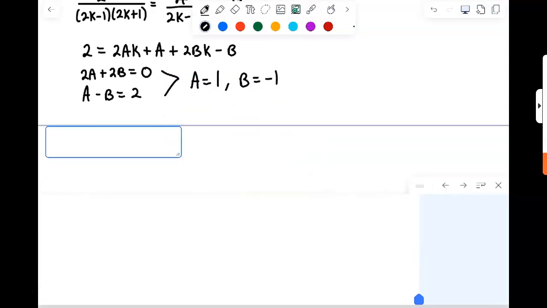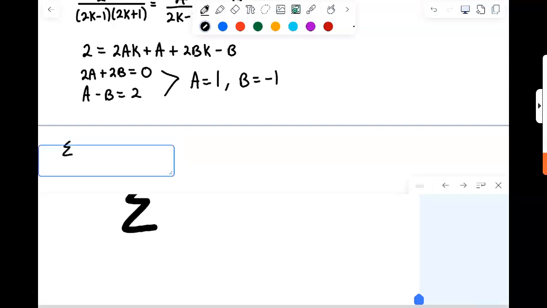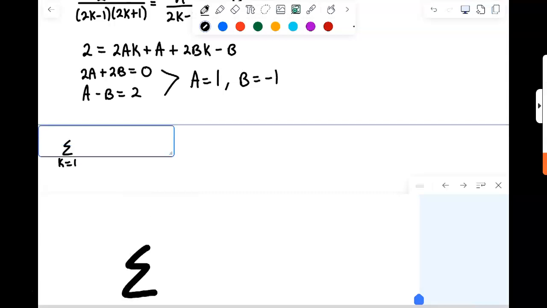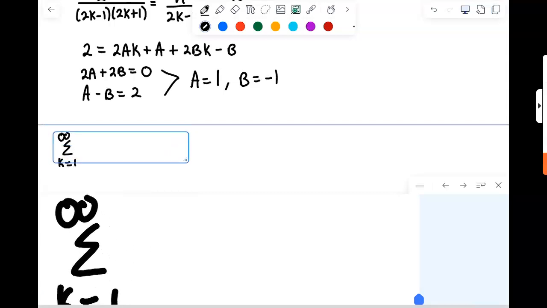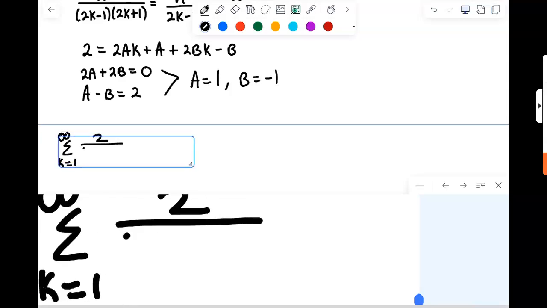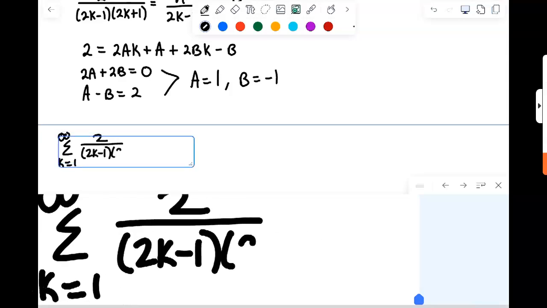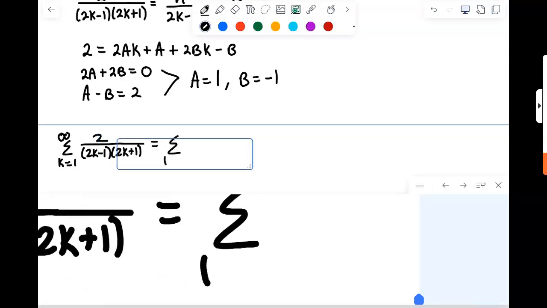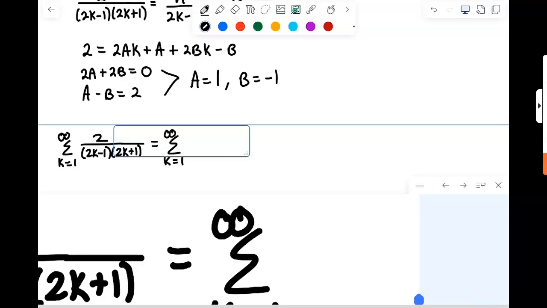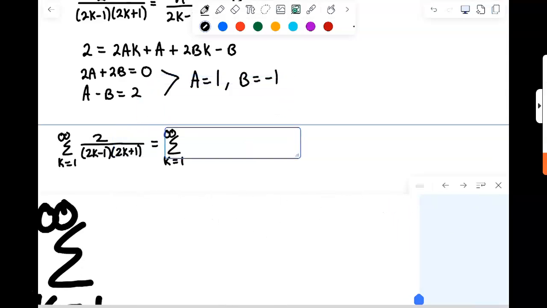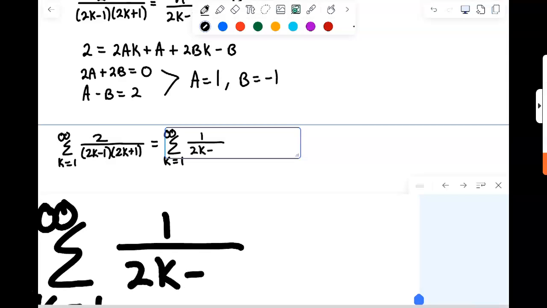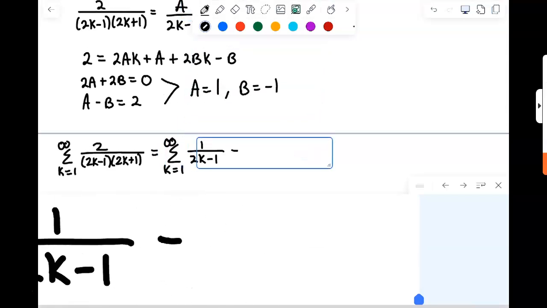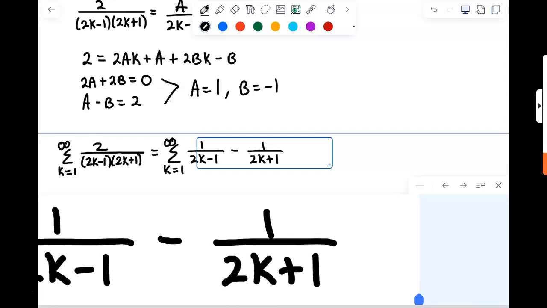So now I can take my series and say, hey, we can rewrite that original series, 2 over (2k minus 1)(2k plus 1), as the sum of a over 2k minus 1, which is 1 over 2k minus 1, and b is minus 1, so that's minus 1 over 2k plus 1.